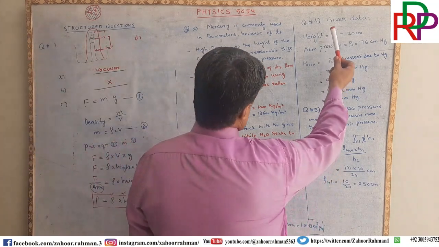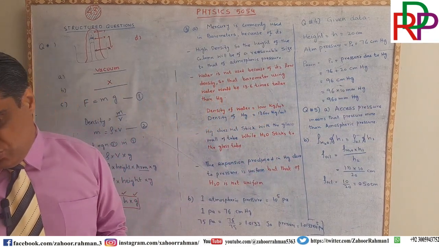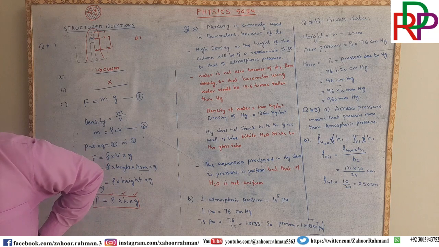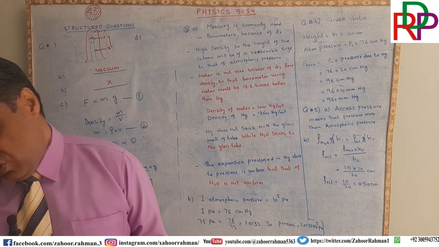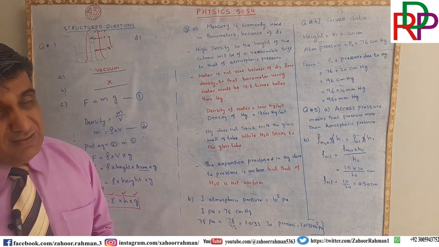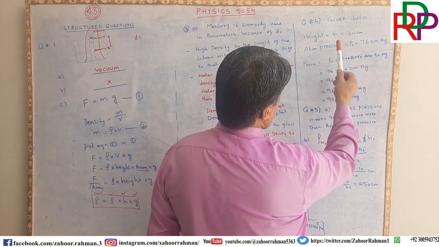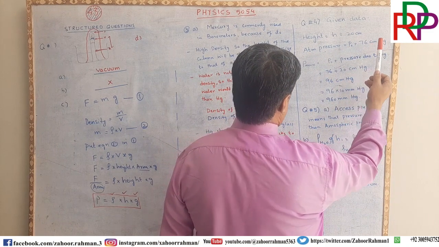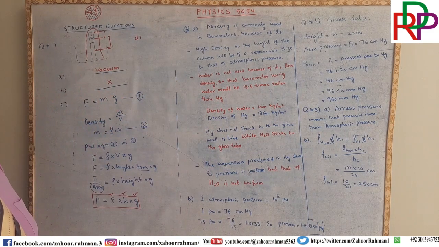Okay, the given data to us, height h is equal to 20 centimeter, atmospheric pressure is equal to 76 centimeter of Hg, or 760 millimeter of Hg.